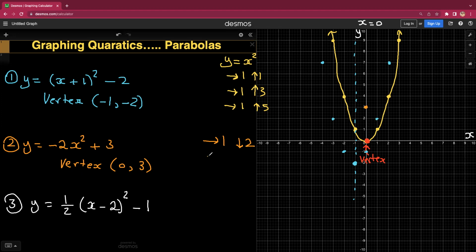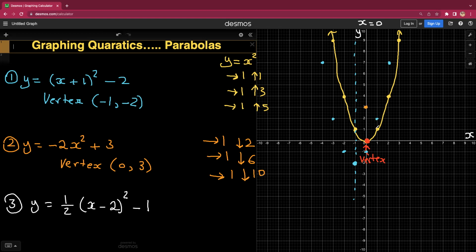And out 1 again, down, you multiply the 3 by 2 again, and you're going to get 6. And then out 1, and you multiply the 5 by 2, and you get down 10.